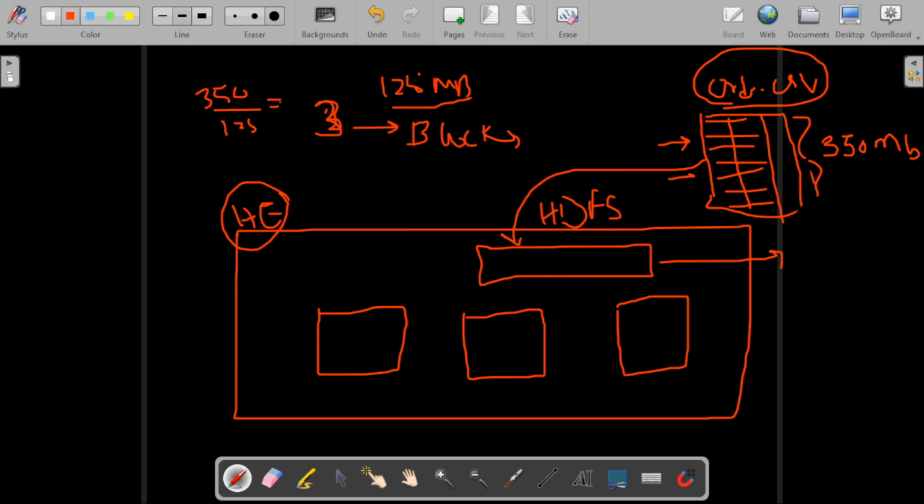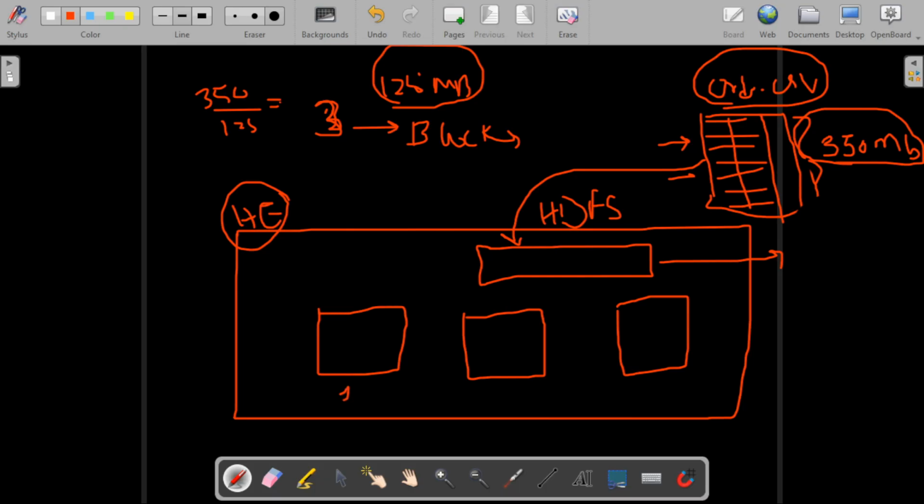So 128 MB is the standard. Hadoop divides the file not with respect to the number of rows or columns, but with respect to the size of that file. And I got the three blocks. Once I got the three blocks, HDFS divides the data among the available workers.